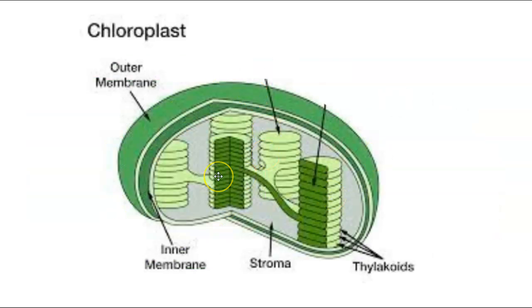So just really quickly, I will just kind of outline some of the parts. There's membranes, that's on the outside, okay? The three things you need to know are the stroma. The stroma is the liquid inside of the chloroplast. So stroma is the liquid, okay? These little stacks of pancakes, each pancake is called a thylakoid.